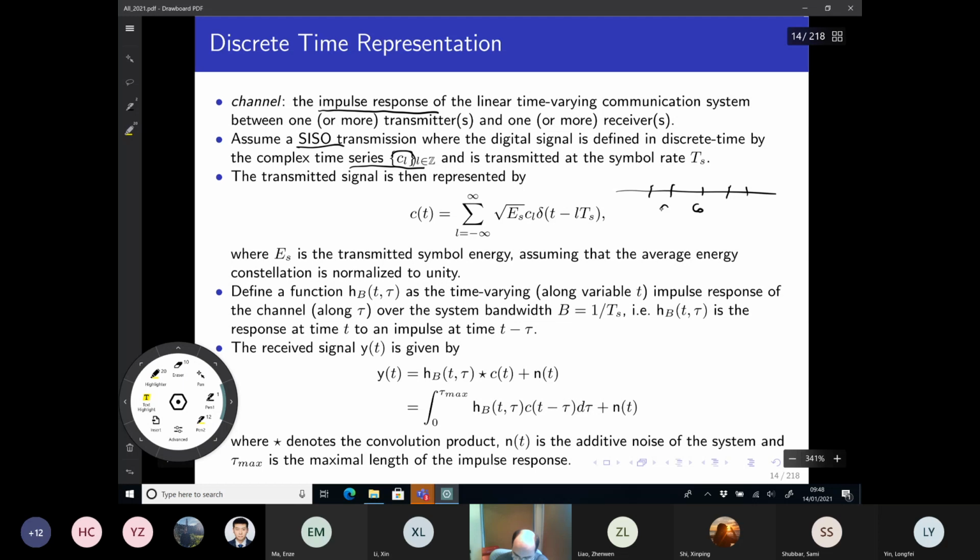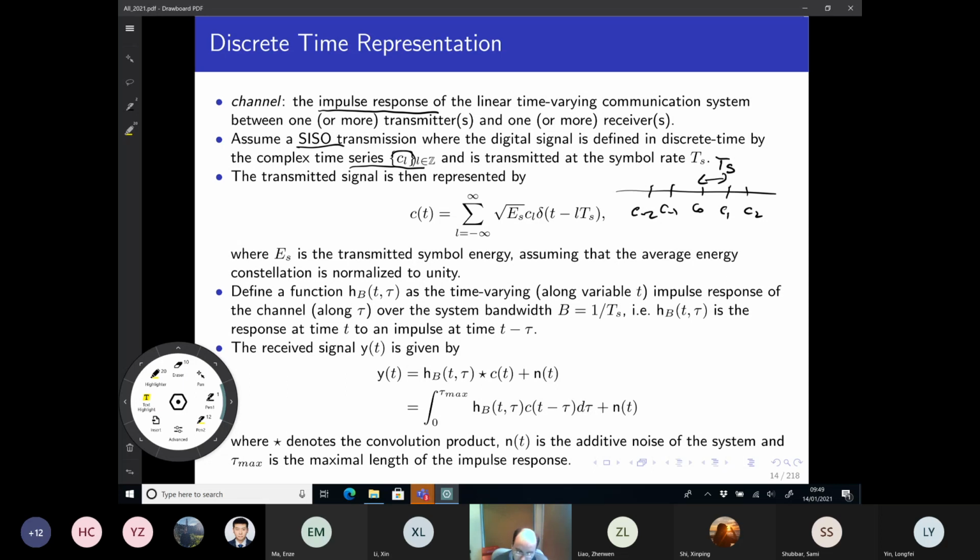Let's say c_0, c_-1, c_-2, c_1, c_2. And those actually are transmitted at a certain symbol rate, right? Every Ts, and Ts is your symbol period. So every Ts you transmit a new symbol, essentially. That's what it says, right?